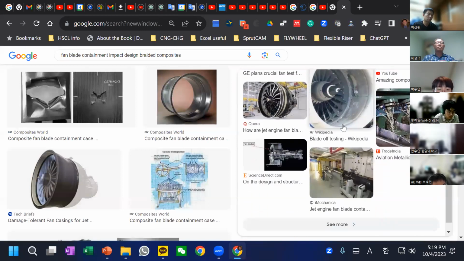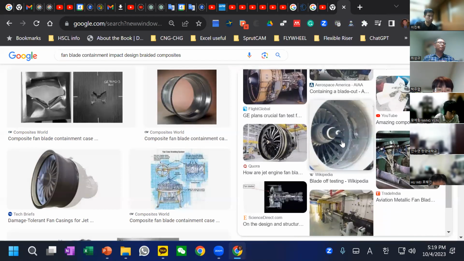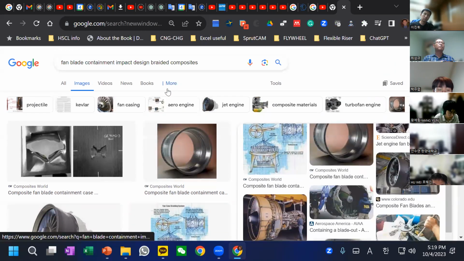So that's how braiding composite was developed at the very beginning to protect this engine fan blade. This is the braided composites.